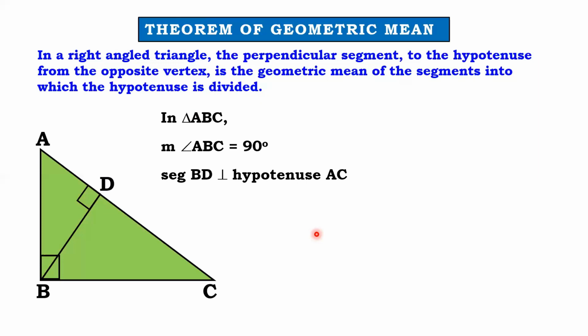If these two conditions are given to us, of course we can write the theorem. You can call all three triangles similar, but along with that you can also say that the perpendicular BD square is equal to AD into DC, and the reason is geometric mean, theorem on geometric mean. Did you understand it? So it's very clear, the condition of both theorems is the same. You can use either, but as per the requirement we'll be using it.